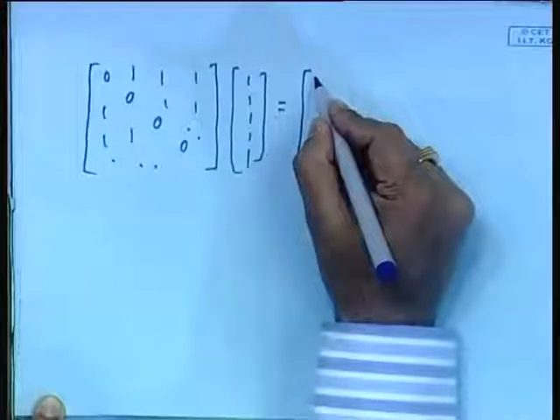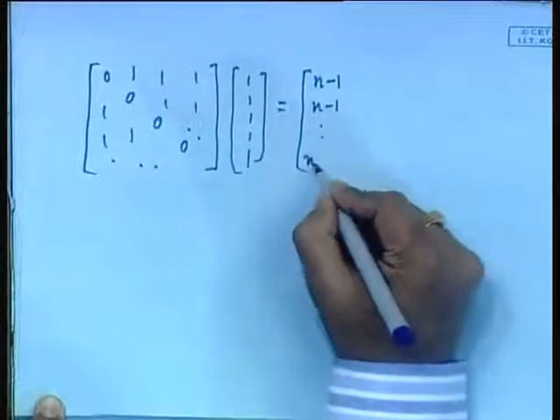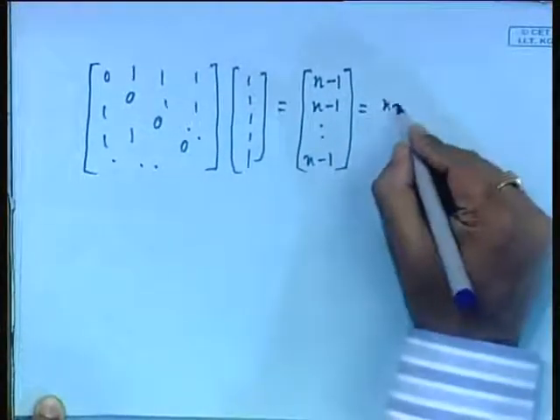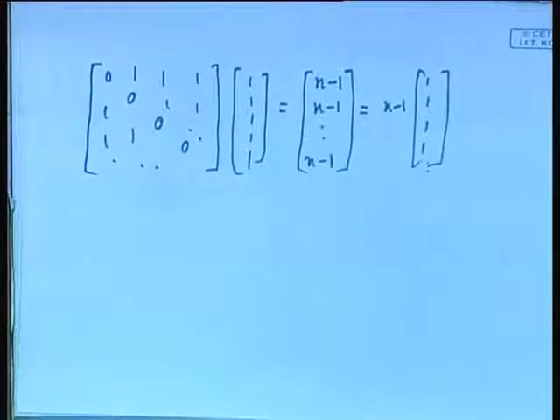What is this value? n minus 1, n minus 1 and n minus 1, right, and which is actually n minus 1 times the all ones vector. So, what is the eigenvalue here? n minus 1. So, now you saw why in triangle it was 2. It is 3 minus 1 which is 2. So, for a clique with n nodes, the biggest eigenvalue is n minus 1.